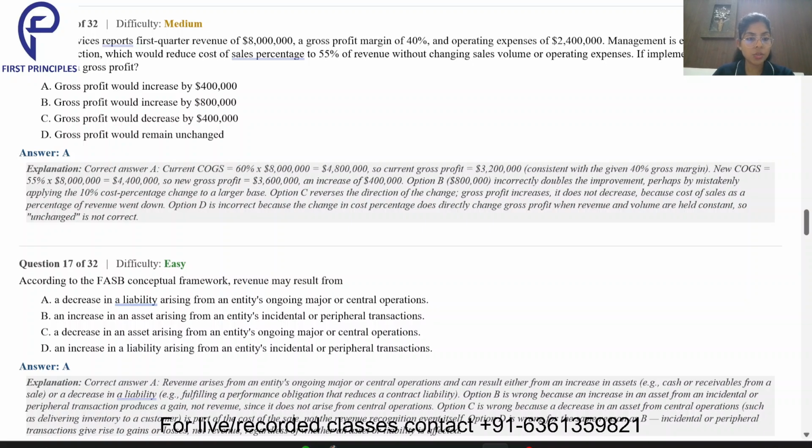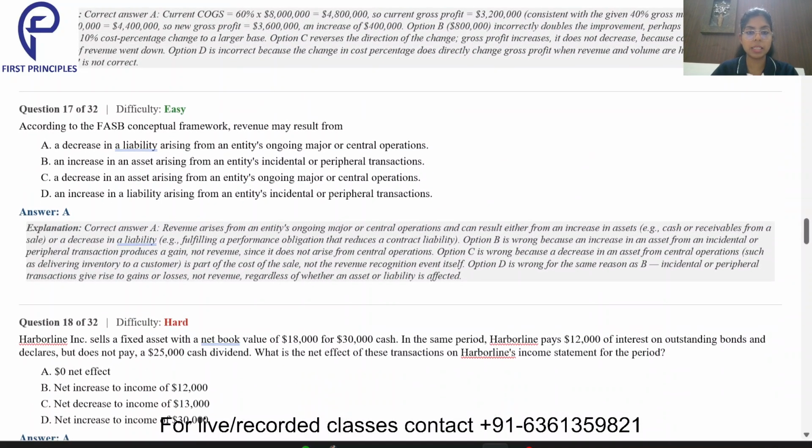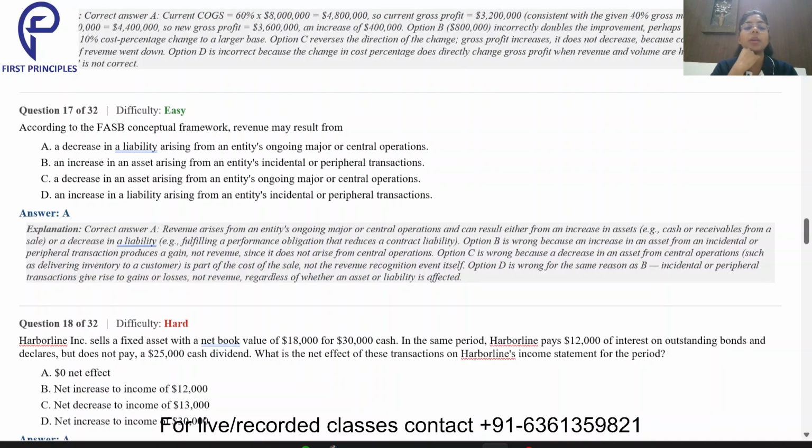Then, moving to the next question. Question number 17. According to FASB, the conceptual framework, revenue may result from... we are seeing in the last portion of all the options, major or central operations, peripheral transactions.